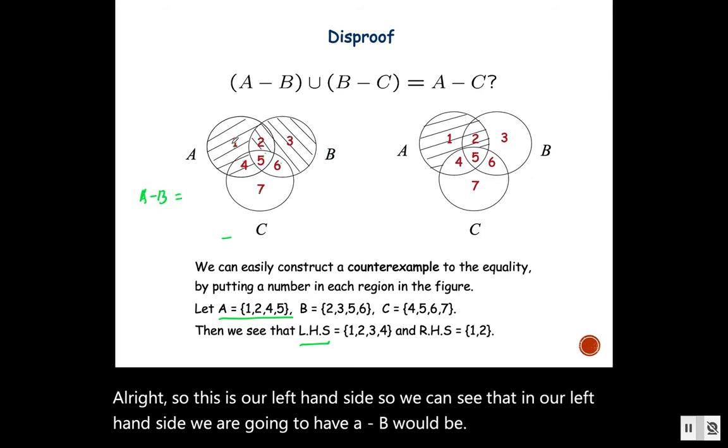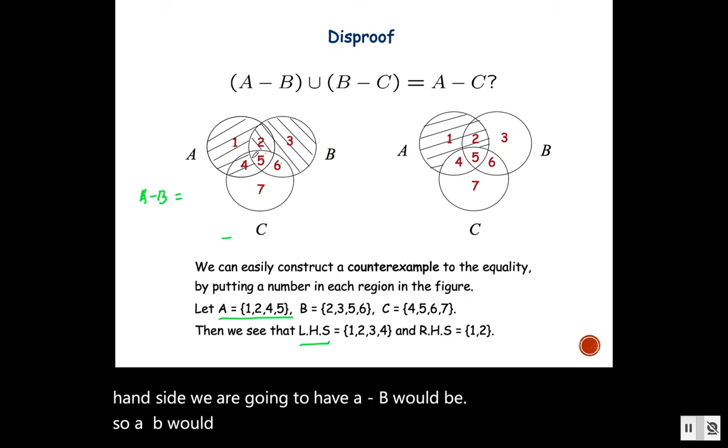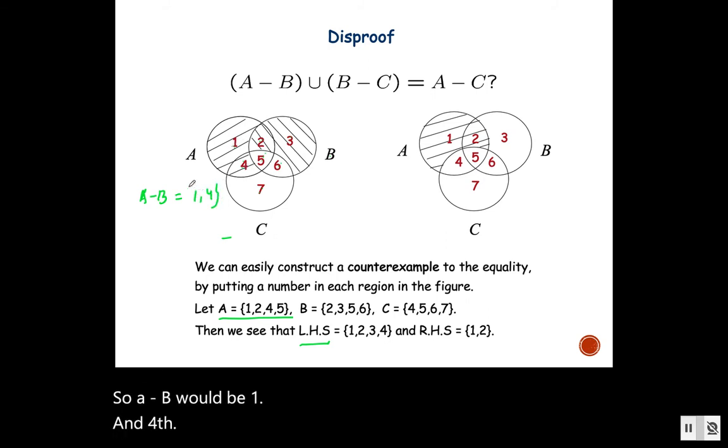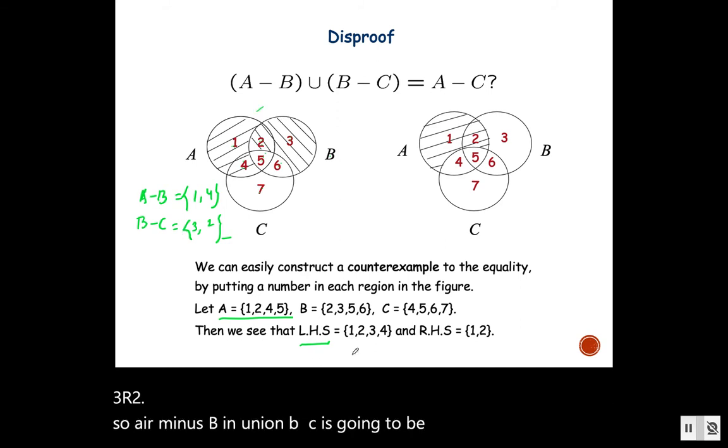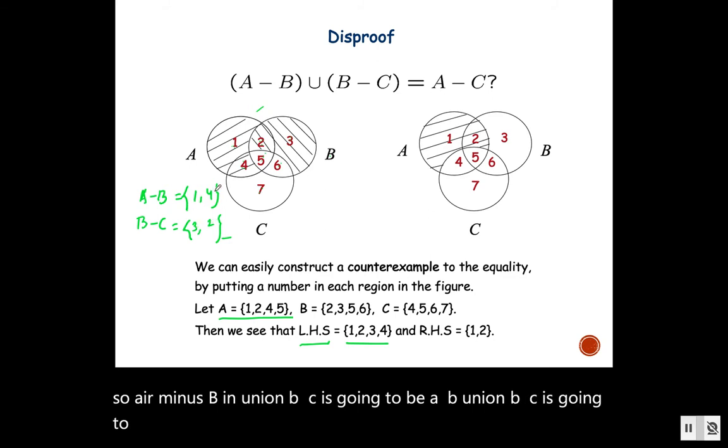A minus B would be 1 and 4, and B minus C would be 3 and 2. So A minus B union B minus C is going to be 1 2 3 4.